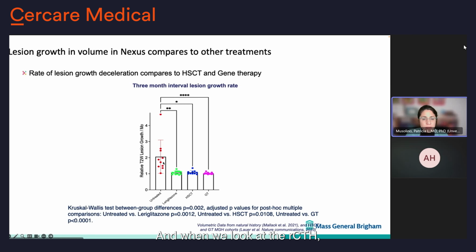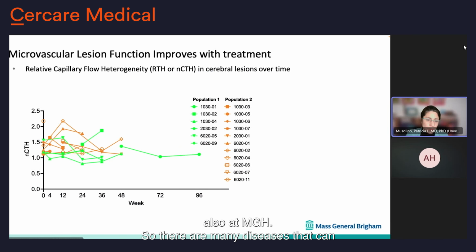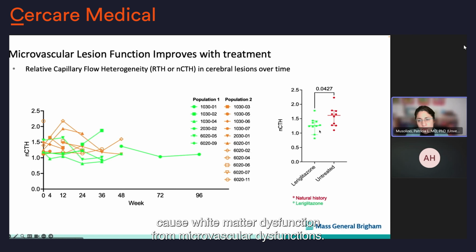And when we look at the RCTH or CTH, we also saw that the patients that were on leriglitazone were differentiating themselves, were normalizing that microvascular heterogeneity compared to those that were not treated from a natural history cohort, also at MGH. So there are many diseases that can cause white matter dysfunction from microvascular dysfunctions.